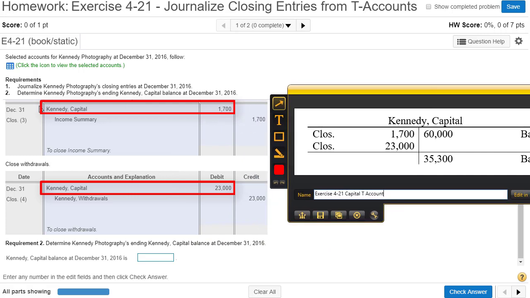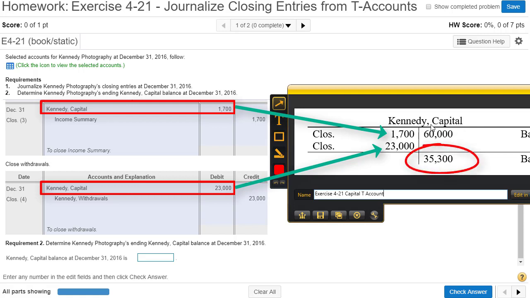So the next task is to find where we debited or credited capital in the journal and then post those. So we've got capital right here, 1,700. So that's why I placed 1,700 right here. And then we've debited capital again for 23,000 on the left side. So now we just need to calculate our balance. 60,000 minus 1,700 minus 23,000 gives us a new balance of 35,300.